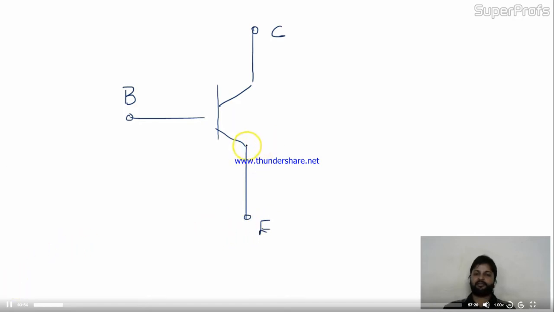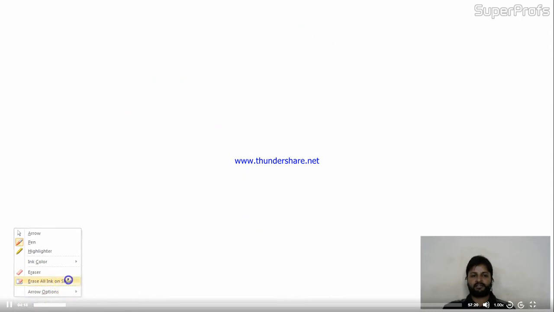If I use feedback from the emitter terminal, I'll call it series. If I take it from the collector terminal, I'll use shunt. And for the base also it will be shunt. Okay, just remember it like this. Now I'll show you the application of these two concepts. Okay, let's take a circuit now.